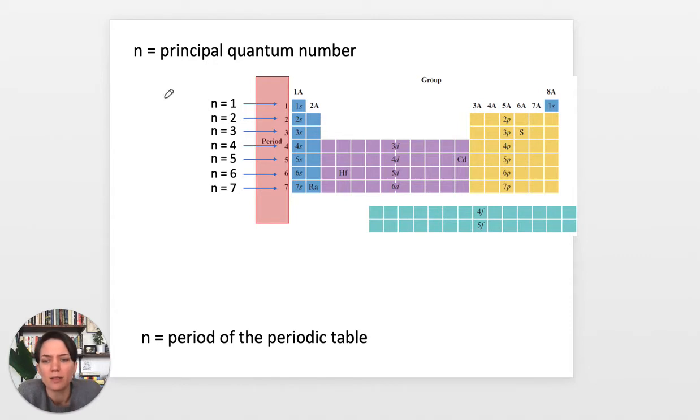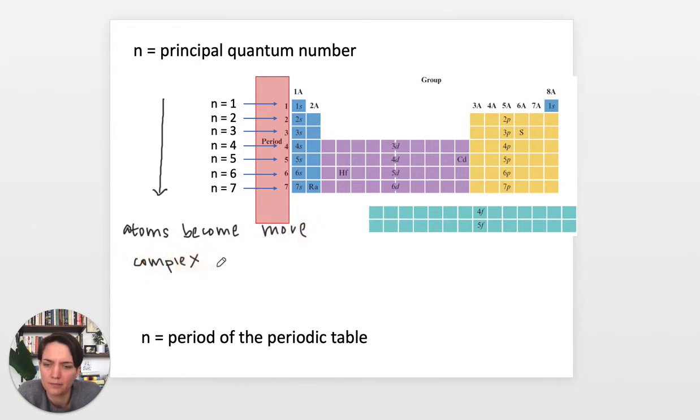So as we go down the rows of the periodic table, our atoms become more complex. As they become more complex, we have more energy shells.